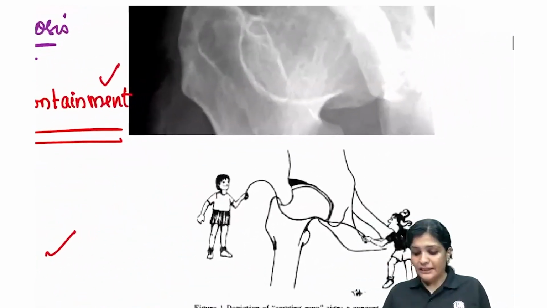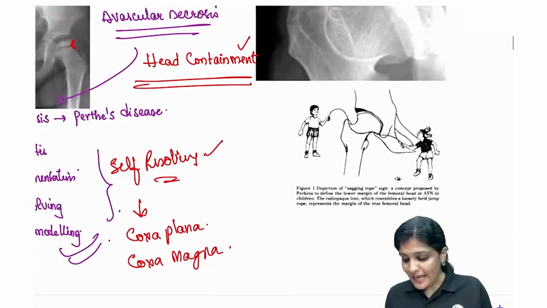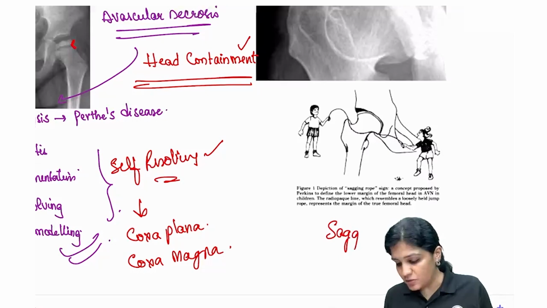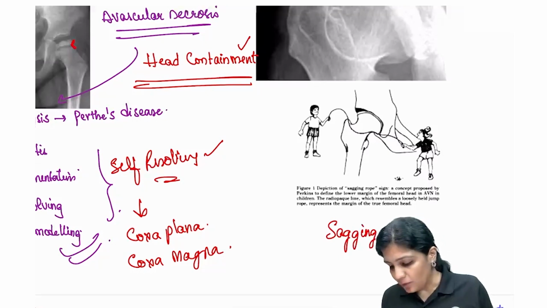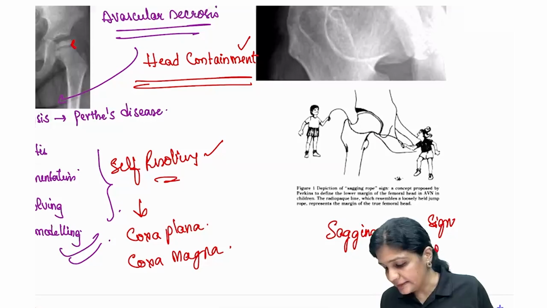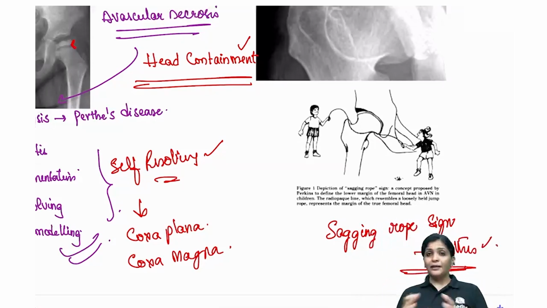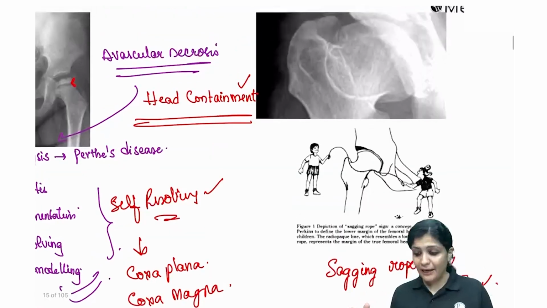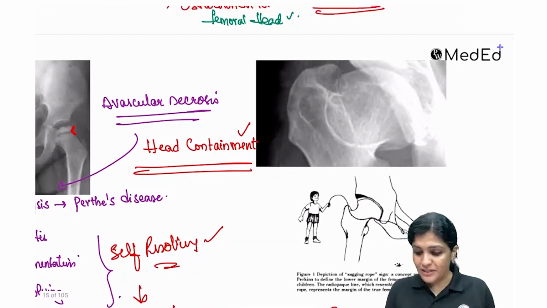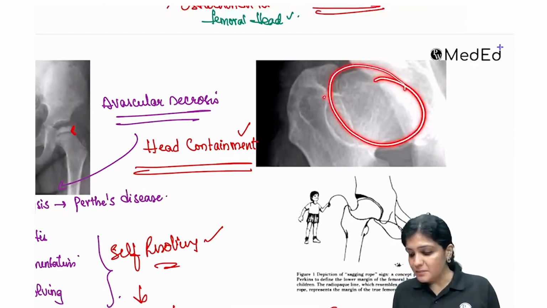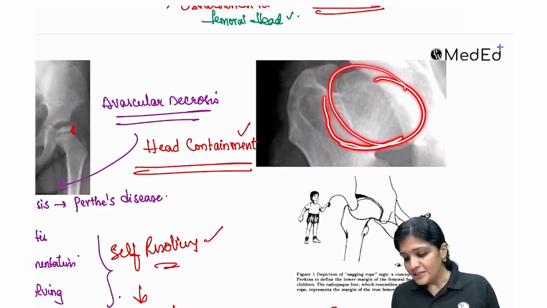And what is this sign? This is also very important. This is called the sagging rope sign. The sagging rope sign is also seen in Perthes disease. Why is it the sagging rope sign? I have told you that the head becomes very big, that is the coxa magna. See, this is the big head which you can see, and this is actually the head.